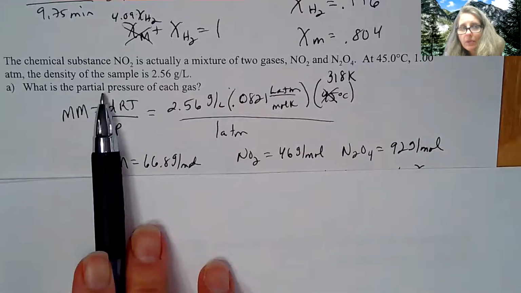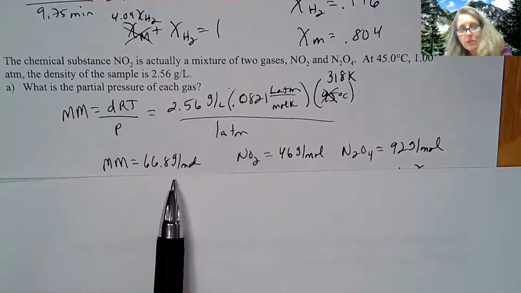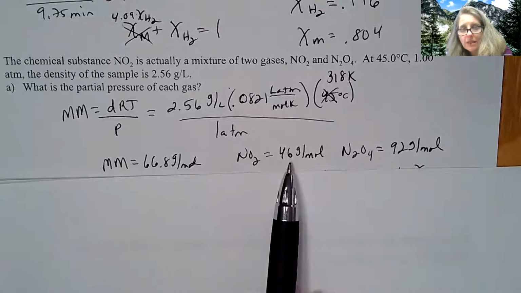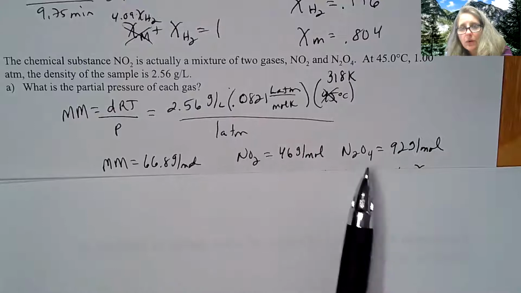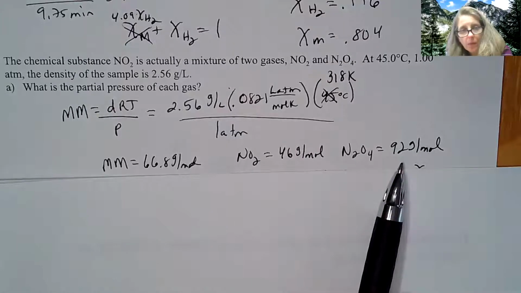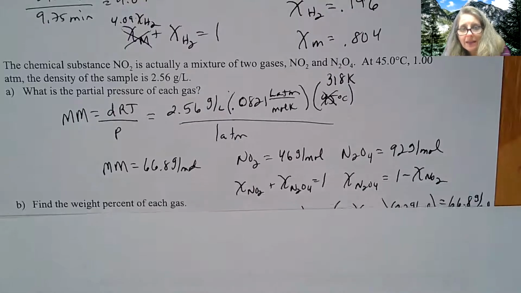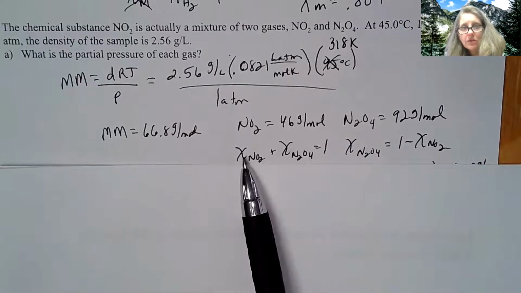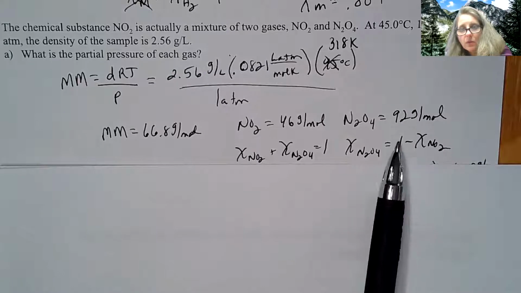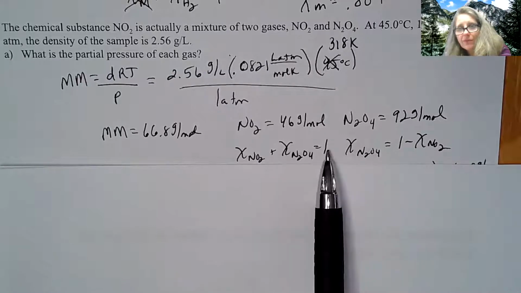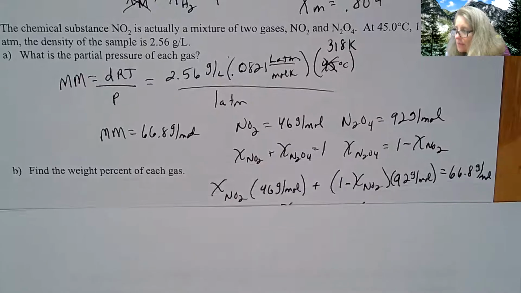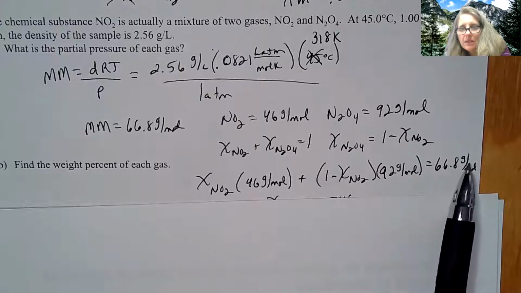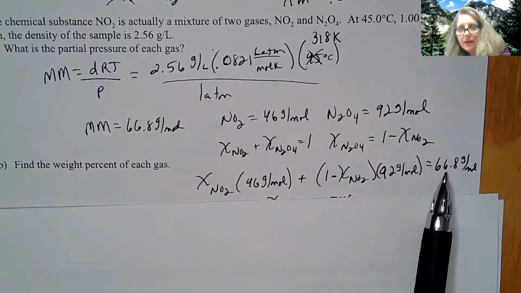Well, I still don't have the partial pressures of each gas yet, but I do have some information. I know that NO2's molar mass is about 46, and N2O4 is about 92 grams per mole. So I could say my mole fractions of these two individual gases will always add up to 1. So I could always solve for one of the variables knowing that. So I'm going to set up a weighted average problem, because this is the overall mass of my mixture.